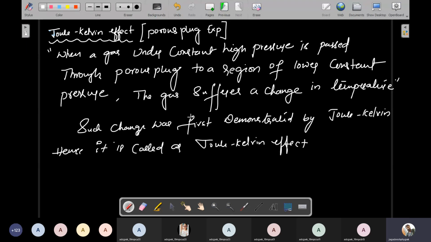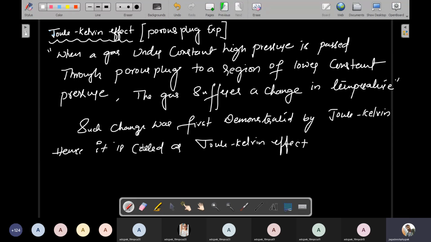Understand? So this is the theory. When a gas under a constant high pressure is passed through a porous plug to a region of lower constant pressure, the gas suffers a change in its temperature. Such change was first demonstrated by Joule Kelvin, hence it is called the Joule Kelvin effect.